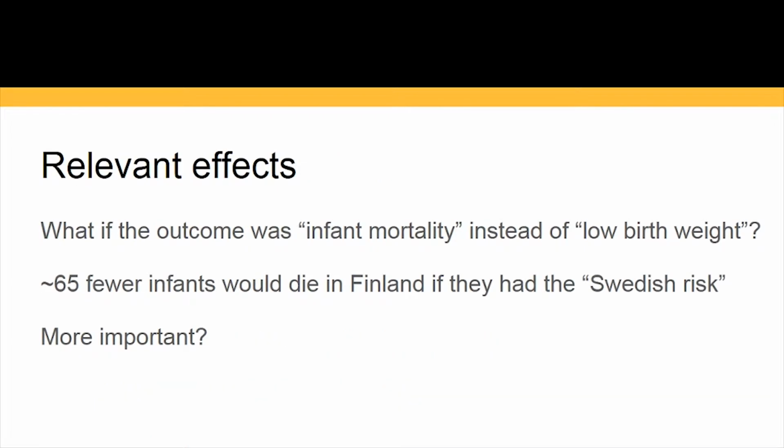Now, what if the outcome was infant mortality rather than low birth weight? And about 65 fewer infants would die in Finland each year if Finland adopted the Swedish system. Would this be more important? And again, you can shout your answer at the screen. I'll give you 5 seconds.